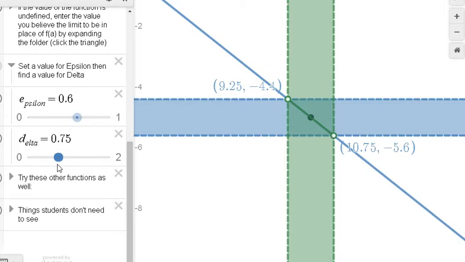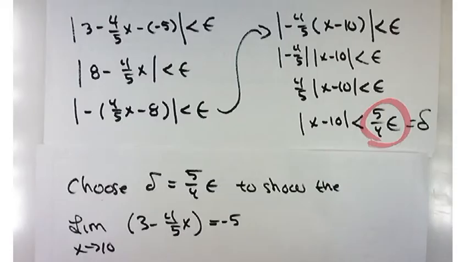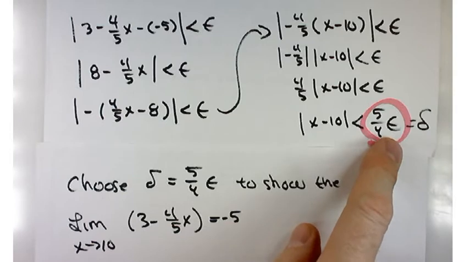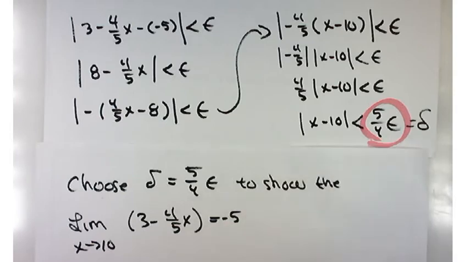That's where I'm close enough in the x direction to guarantee that I'm within my tolerance in the y direction. So for the appropriate choice of delta, you can prove that this limit is true. And that choice would be delta equals 5/4 epsilon.